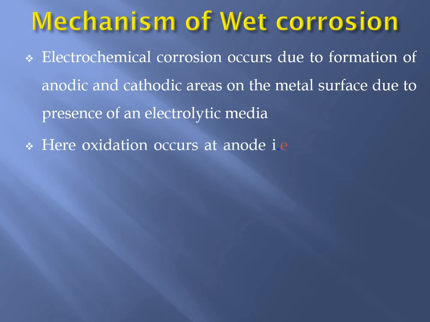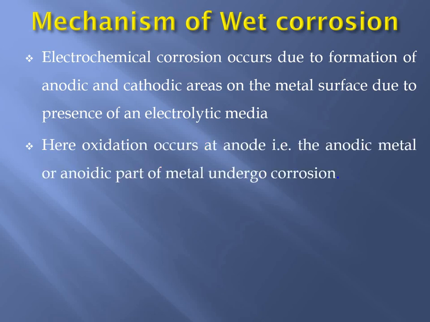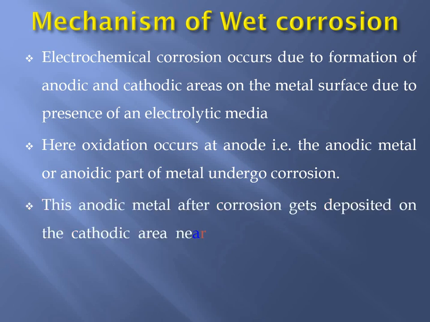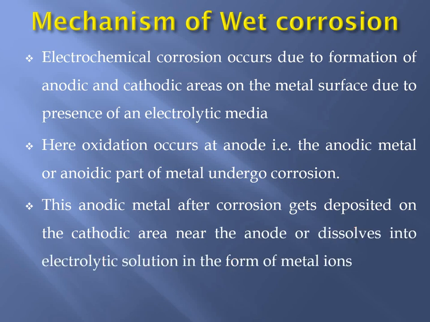And the oxidation occurs at anode. That means the metal which behaves as an anode, or the part of metal which acts as an anode, undergoes corrosion by the process of oxidation. This anodic metal after corrosion gets deposited on the cathodic area near the junction of anode and cathode, or the anodic metal undergoes dissolution into the electrolytic solution in the form of the metal ion.